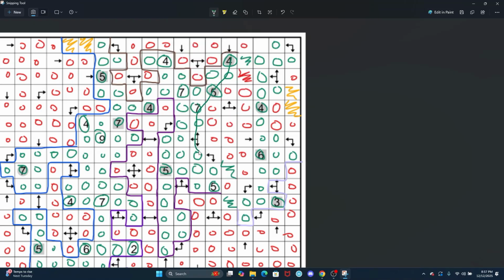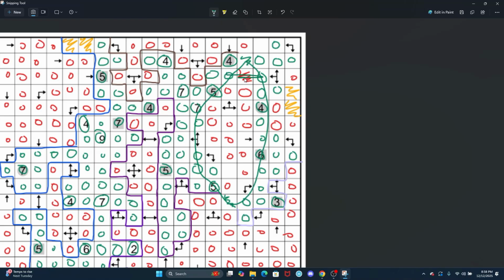But in either case, we have either... oh, I guess it can happen. Or we can't at least have this one be green, because then we have this bounding box.